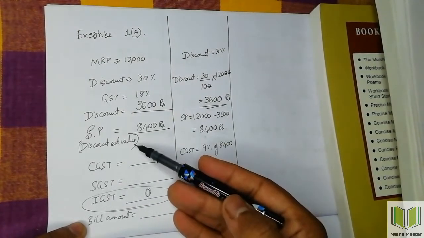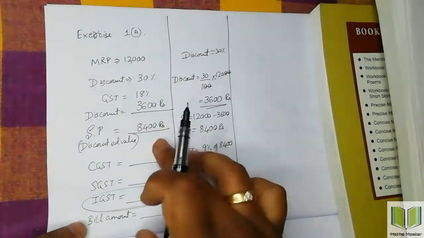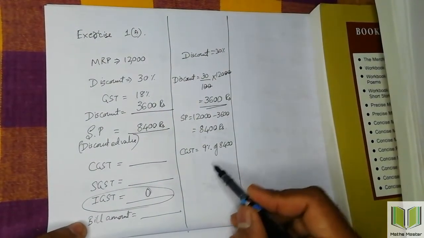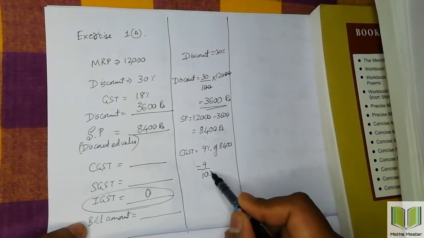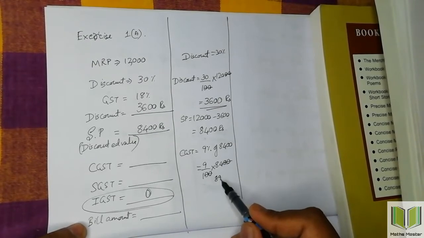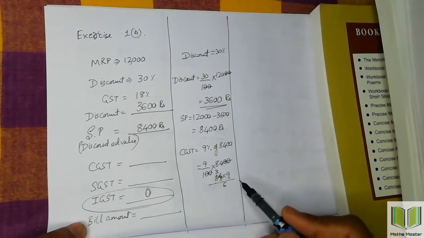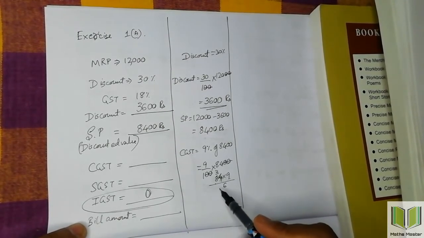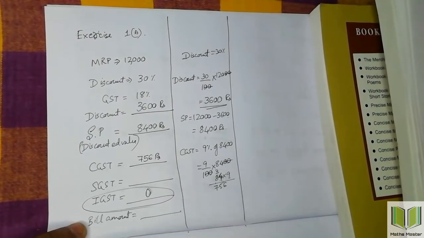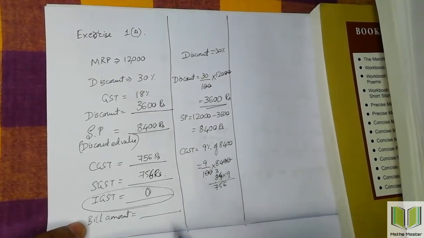My GST is calculated based on the amount that I have to pay, that is the selling price, 8,400. 9% of 8,400: the zeros get cancelled, 84 times 9. 9 times 4 is 36, 9 times 8 is 72, plus 3 is 75, so 756 rupees. My SGST will also be the same, 756 rupees.